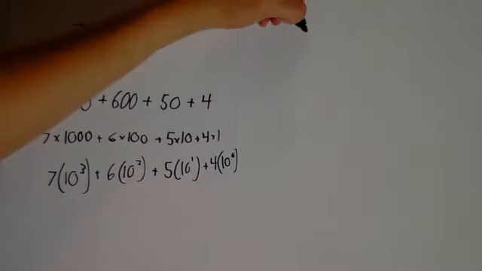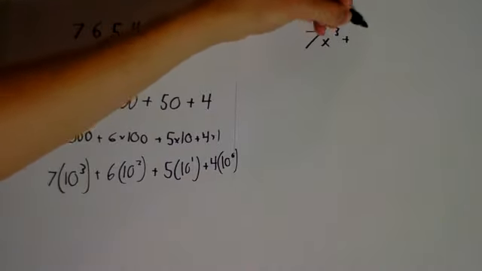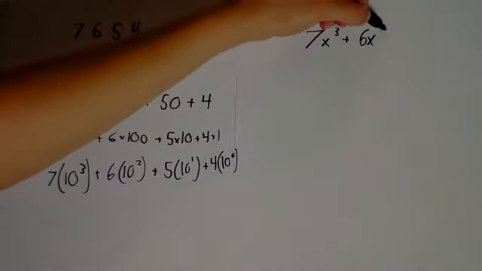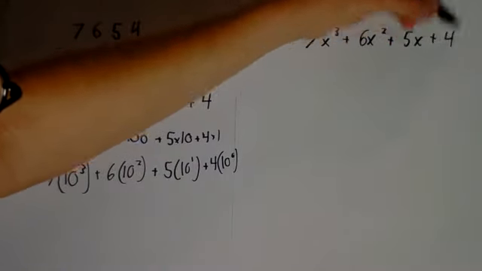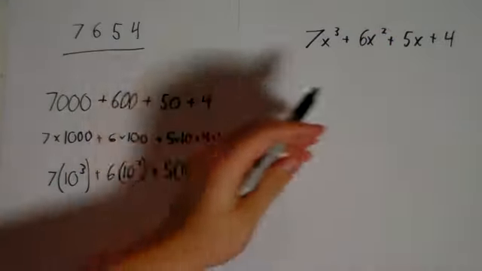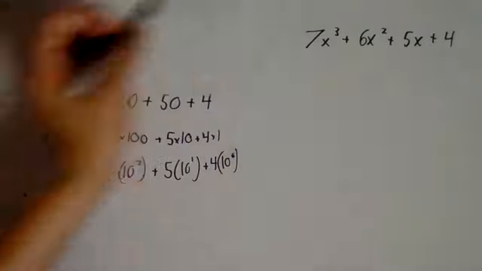Now let's take the same number in base x. 7x to the third plus 6x squared plus 5x plus 4. You see the similarities between these two numbers? This number and this number both have the same coefficients.